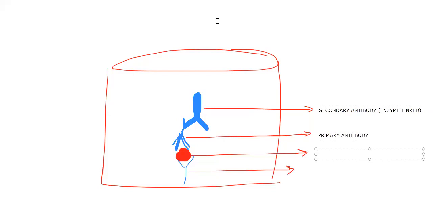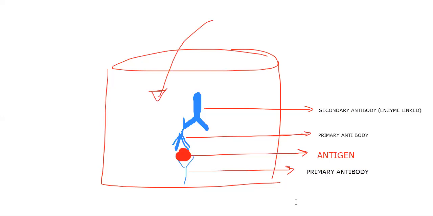This is the key one. If there is an antigen in the patient sample, then only all this binding is possible. Next, one more primary antibody is attached to the well. Between every step we add a wash, as free fluid absorption is very common.